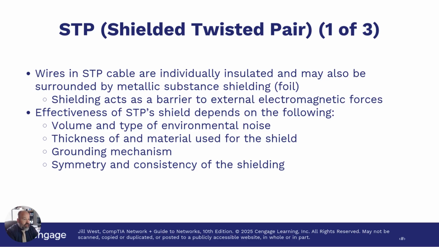It protects it from the extra electromagnetic interference, that EMI, and the effectiveness depends on several factors. Those factors are the volume and the type of environmental noise you have going on, the thickness and material of the shield, how well it's grounded, and the symmetry and consistency of the shielding as well.